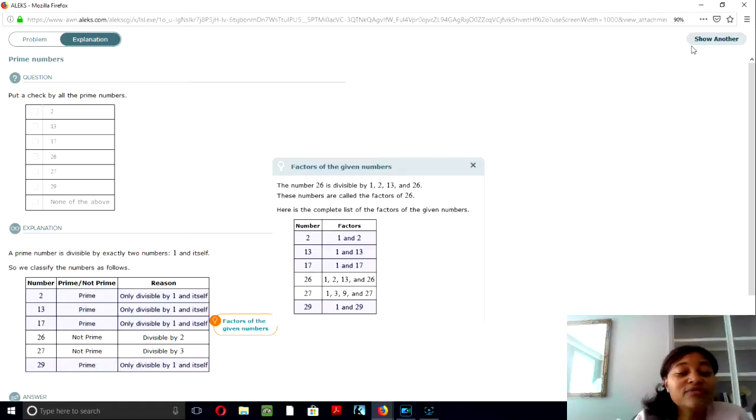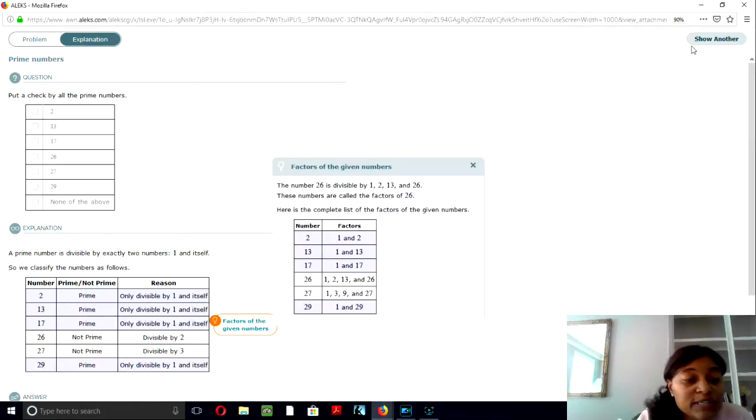No other numbers could give you 2. 13 is the same. Only 1 and 13 could give you 13. So that is also a prime number. The same with 17. Only 1 and 17. No other numbers could go into 17 that would give you 17.